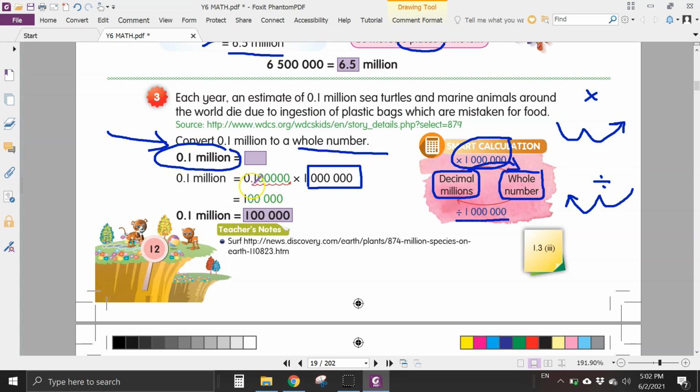From 0.1, I can write 5 zeros here, then we move 6 times until the last space. Once you move 6 times, you get 100,000. So 0.1 million is equal to 100,000.